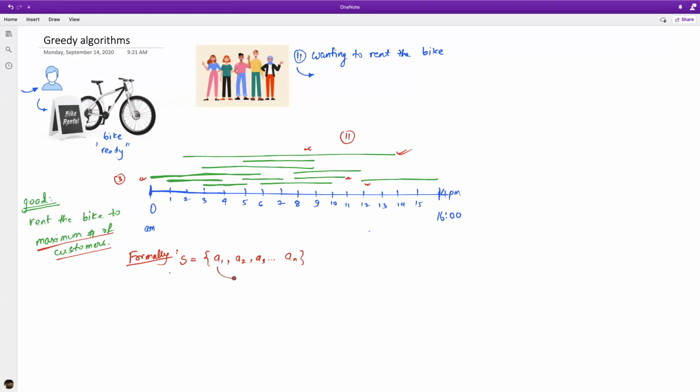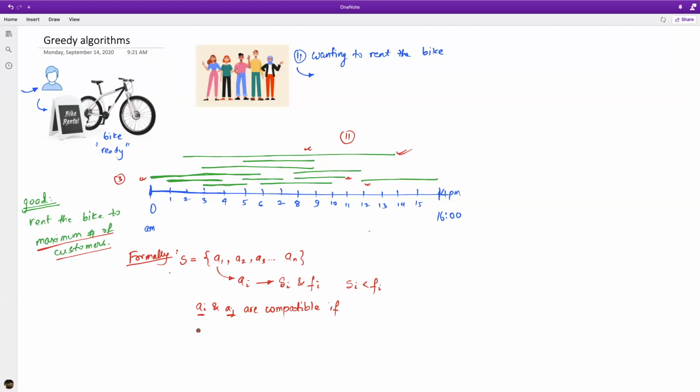Now, each of these activities Ai has its own start time, Si, and its own finish time, Fi. Obviously, Si will always be smaller than the finish time Fi. We say that two activities, Ai and Aj, are compatible if the intervals for Ai and Aj do not overlap.